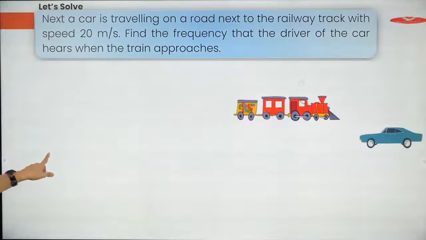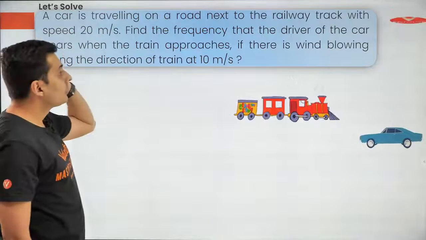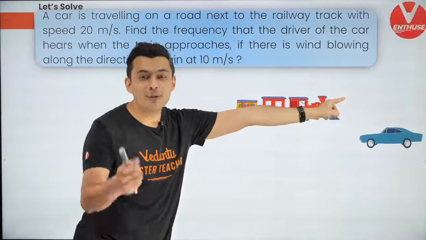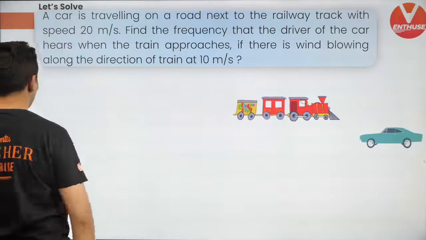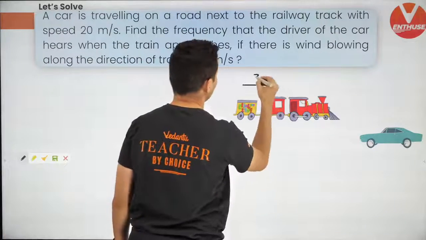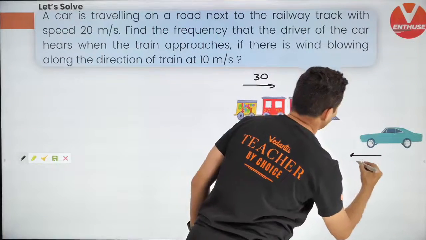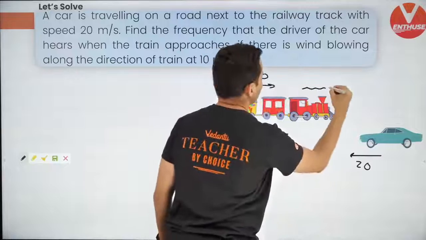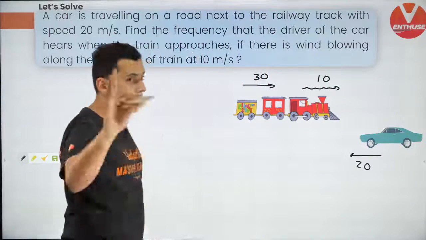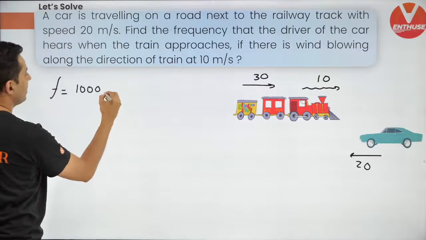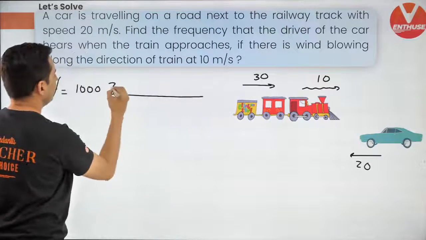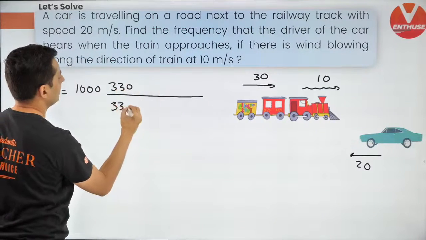Cool. Next, there is wind also blowing, the wind case. Then what to do? This is moving with 30. This is moving with 20. The wind is blowing with a speed of 10. Again, f is 1000 and you have 330.